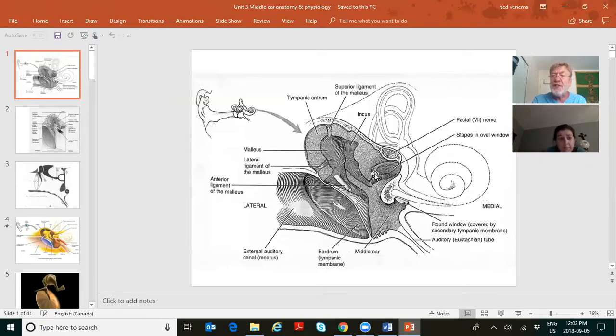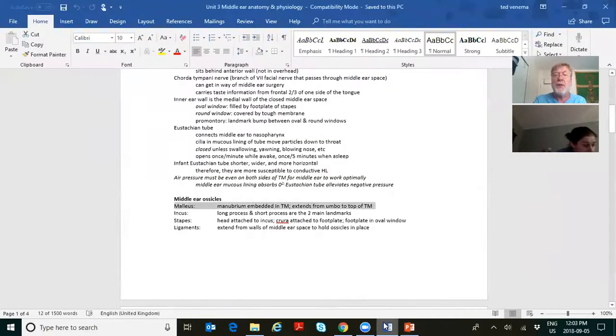The stapes has a neck, and it has two, what they call crura, and then the bottom is called the footplate. The neck, the crura, C-R-U-R-A, crura, and footplate. Those are the pieces and parts of the middle ear bones.